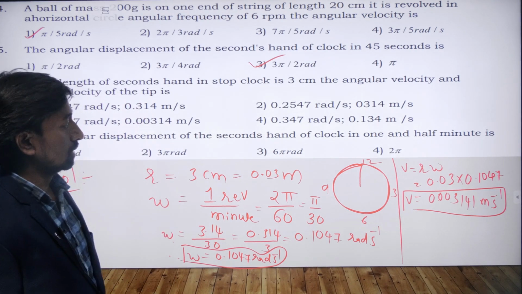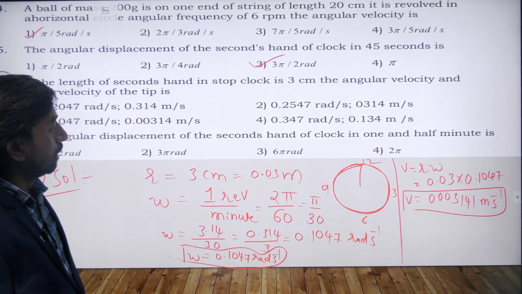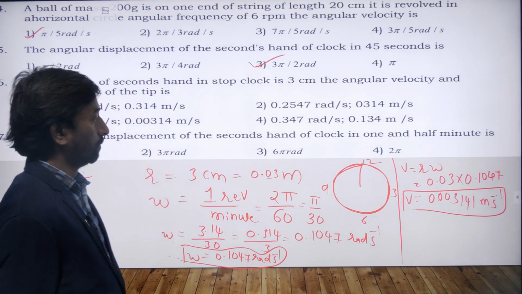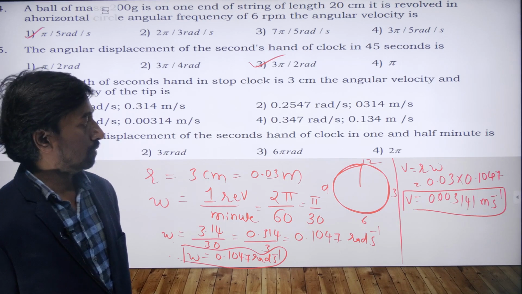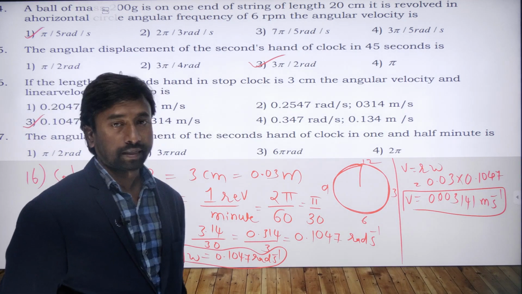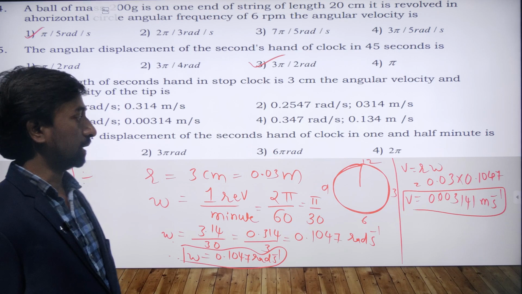So 1.5 revolutions. 1.5 minutes means how many seconds? 60 seconds plus 30, 90 seconds.